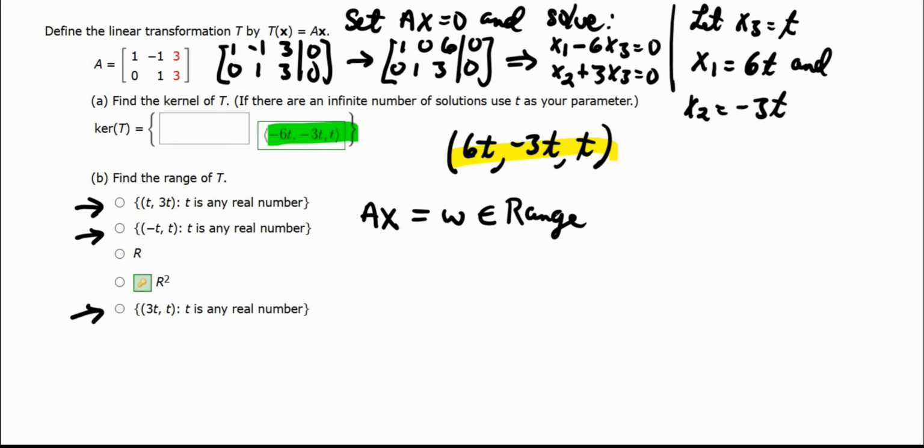Now remember, for matrix multiplication, A is a 2 by 3. So I need to multiply by a 3 by 1. So I have A, which is 1, negative 1, 3, 0, 1, 3, times a 3 by 1 matrix.